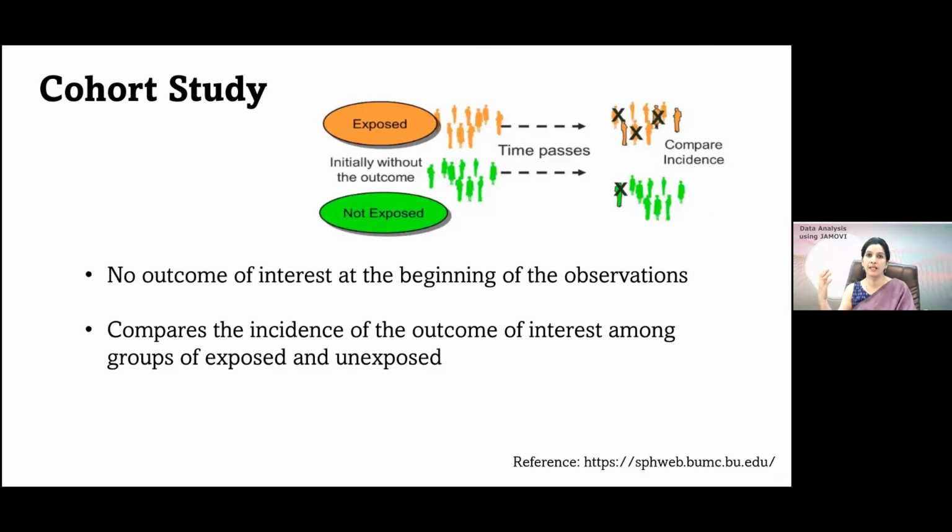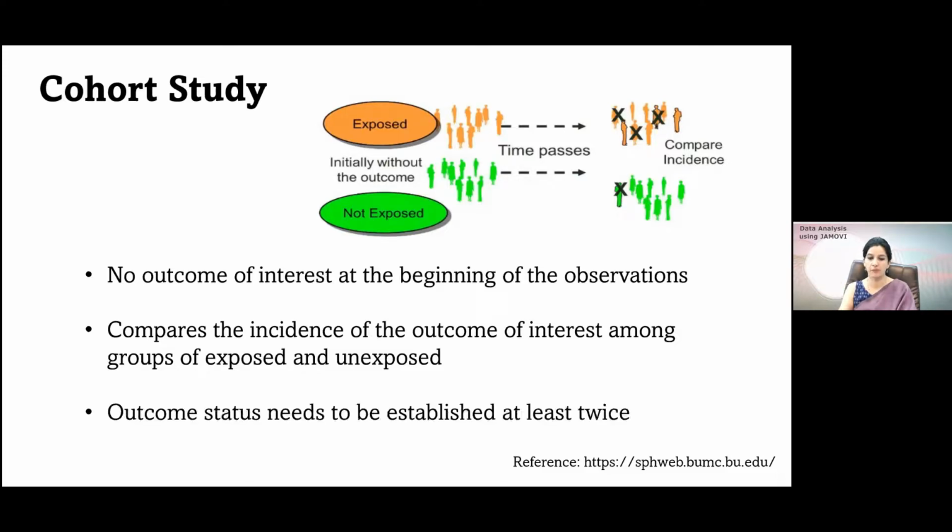So we compare the incidence of outcome in these two groups of exposed and non-exposed. So this outcome status is established at least twice. In the beginning you measure the outcome to see that they are without the outcome, and then again at the end of the study you measure the outcome, or till the time that outcome develops.